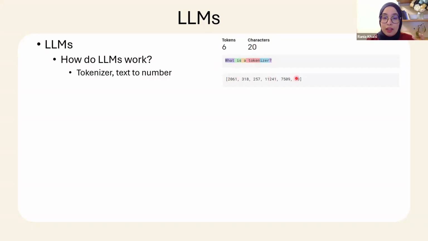So instead of around 20 characters in this sentence, we might end up with only, let's say, 6 tokens. So this is the idea. And these tokens are what we mainly pass to the model architecture. The concept is simple.